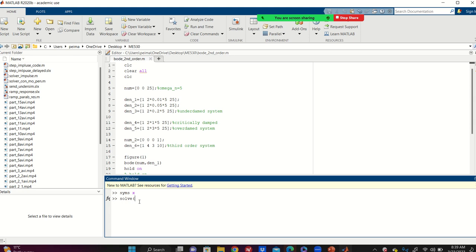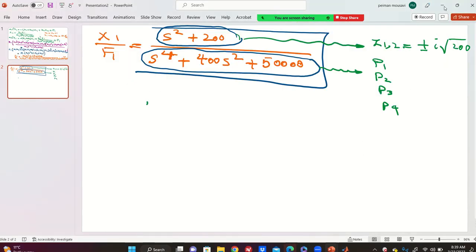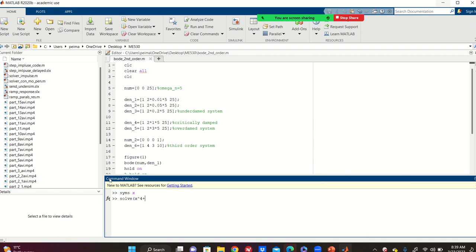This is how MATLAB works. X to the power of 4 plus, what was the coefficients? 400 multiplied by x square plus 50,000. And this is gonna solve for you. This is the answer. But you can say double ans. It's gonna give you this.